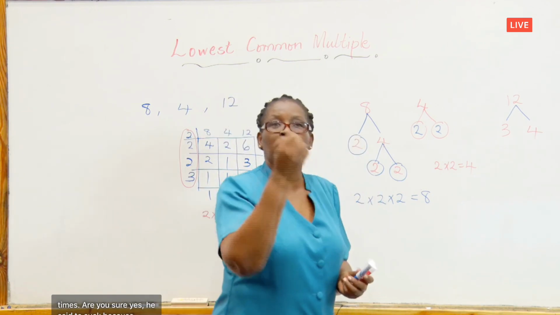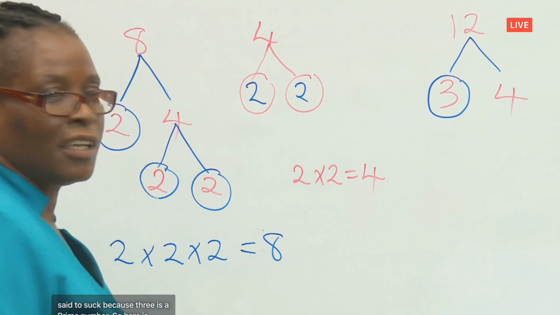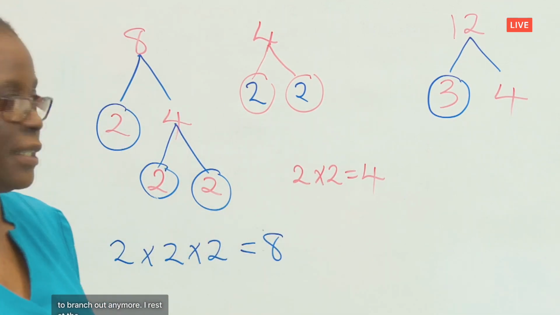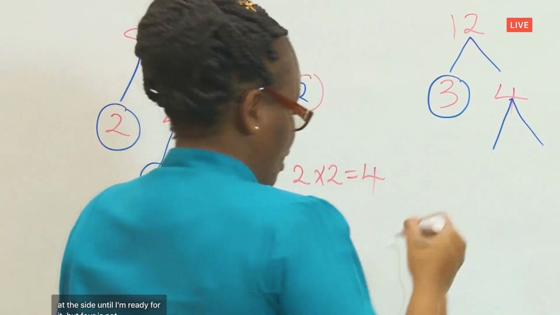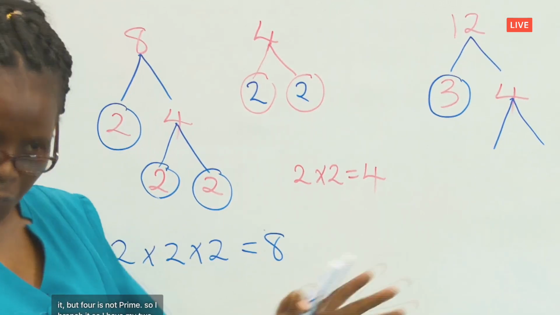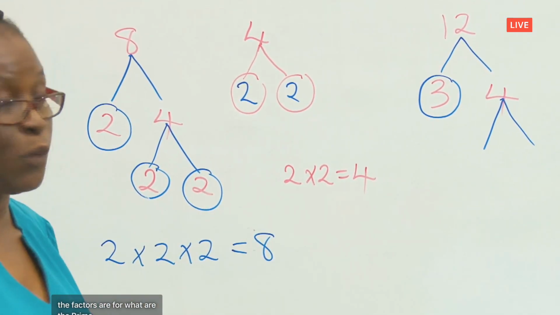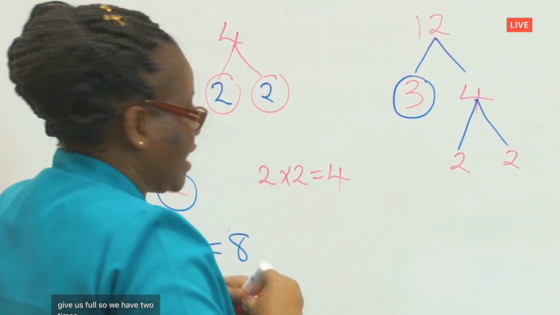Are you sure? Yes, he said to circle 3 because 3 is a prime number. So here is my 3, I circle it, so I don't have to branch that anymore. I set it aside until I'm ready for it. But 4 is not prime, so I branch it. So I have my 2 branches. And we know the prime numbers that will give us 4.